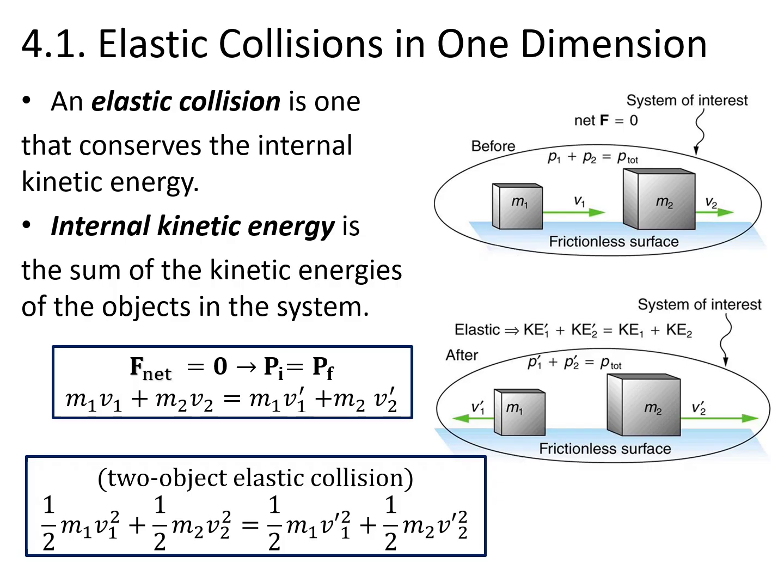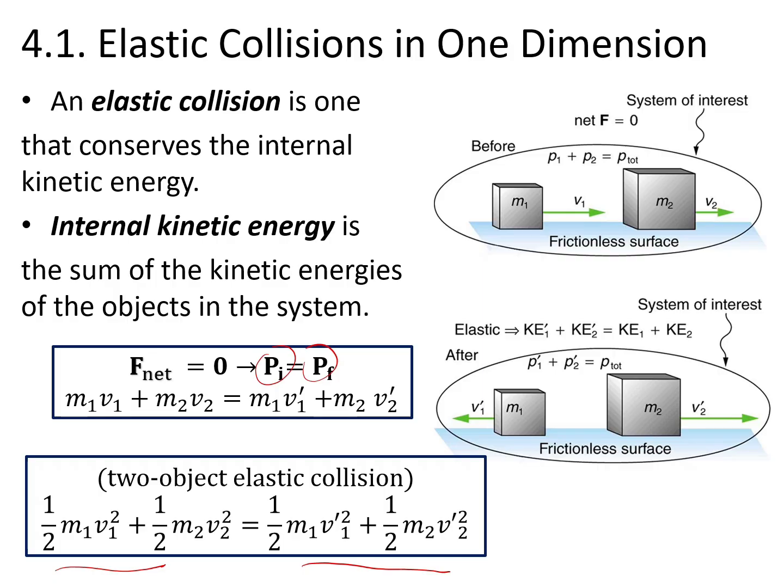In an elastic collision, two things are conserved. First, total momentum is conserved. In words, total momentum before equals total momentum after. Second, total kinetic energy is also conserved. In words, total kinetic energy before equals total kinetic energy after.